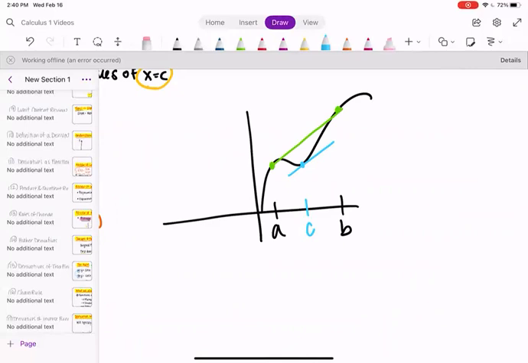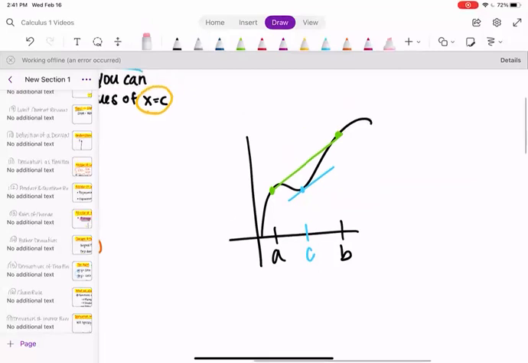So the benefit of that is you can narrow down your range to find a slope of a tangent line at a certain point.